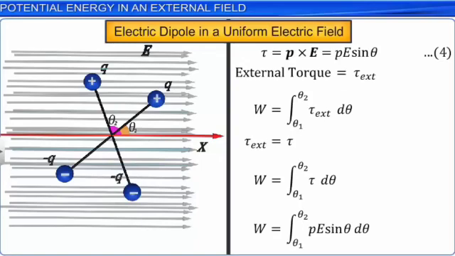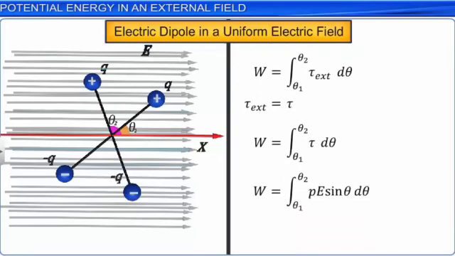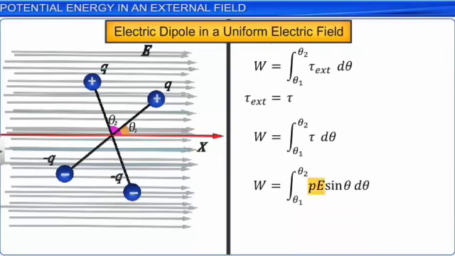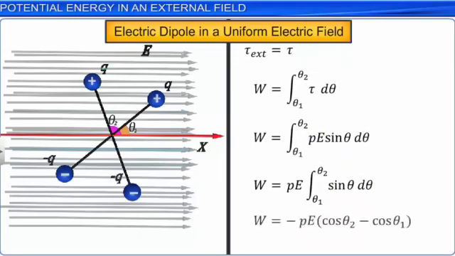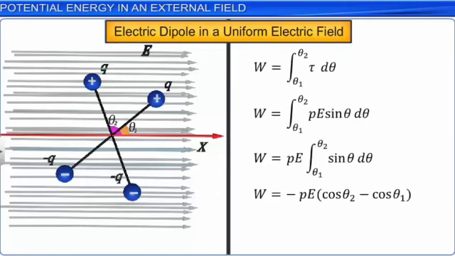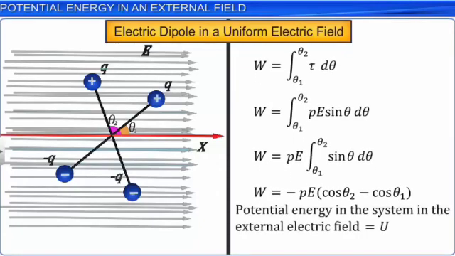Since P and E are constant, we keep them out of the integration, and thereby, carrying out the integration, we get W is equal to minus PE into cos θ2 minus cos θ1. This work done by the external torque gets stored as potential energy U in the system in the external electric field.